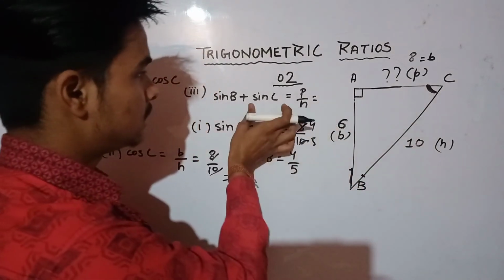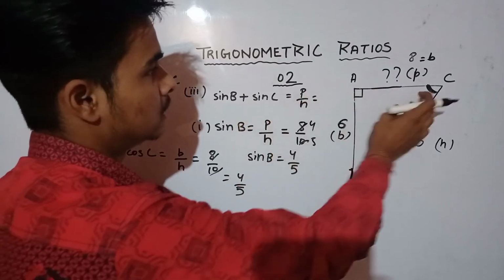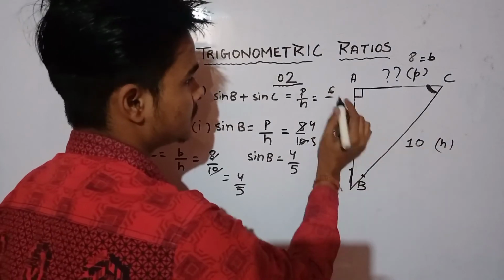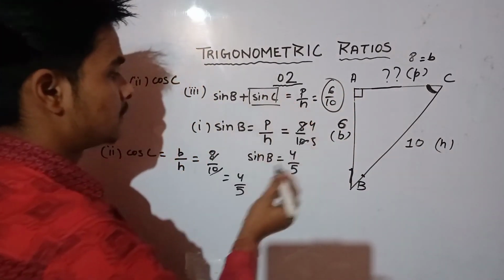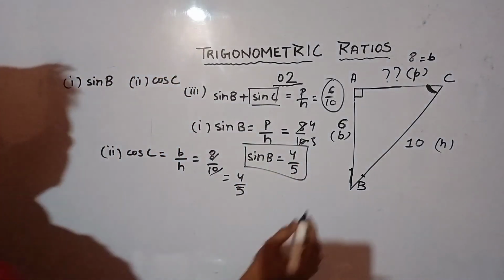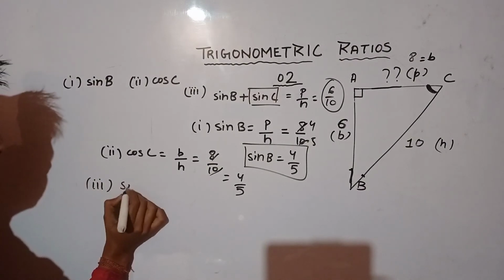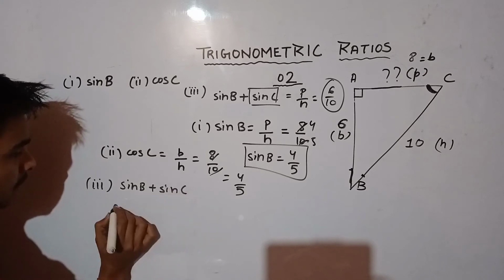In this case, this is the base, so this is the perpendicular, which means 6, and hypotenuse is 10. So 6 upon 10 is sine of C, and sine of B is 4 upon 5. So let's add these two: sine of B plus sine of C.